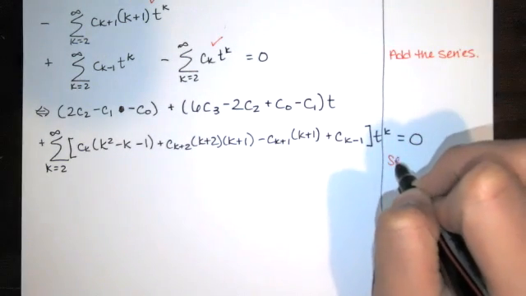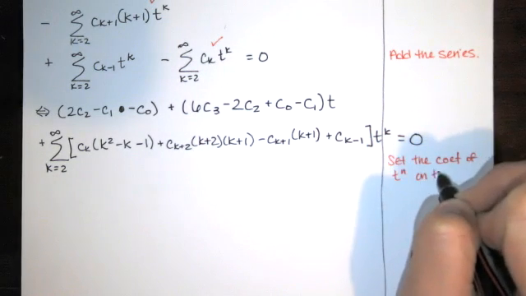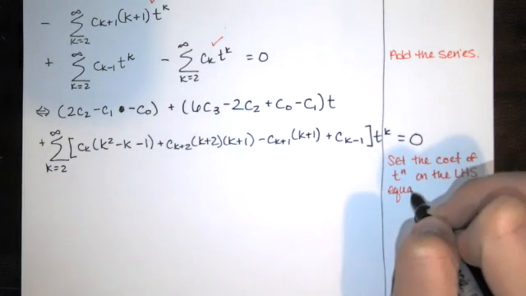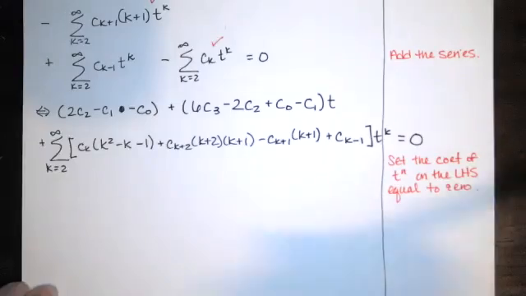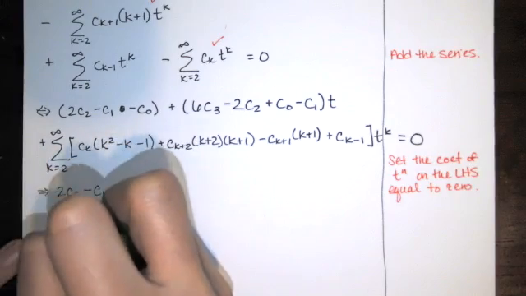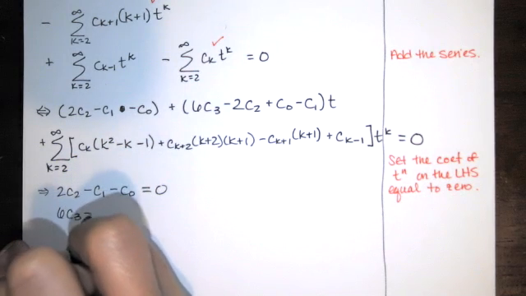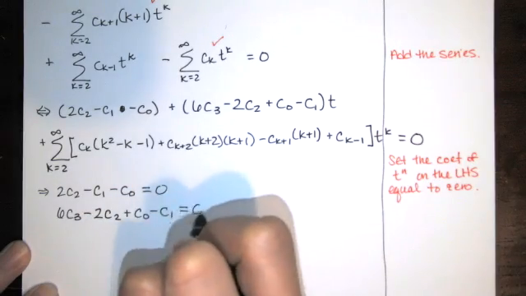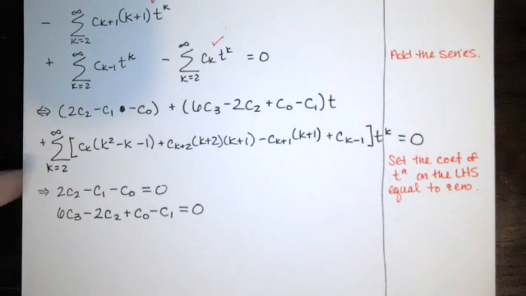So we're going to set the coefficient of t to the n on the left-hand side equal to the coefficient of t to the n on the right-hand side, which in this case is 0. So our constant must be 0. And this constant multiplying the t must be 0 as well. Because we've got 0t. And then this must be 0 for k equals 2, 3, 4, and so on.